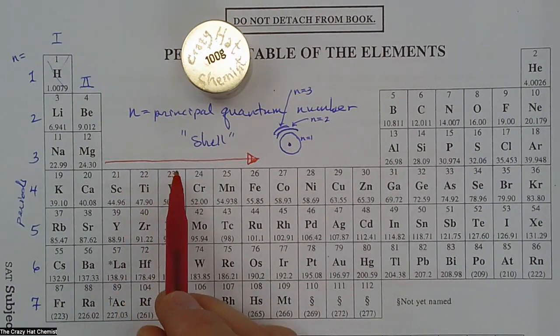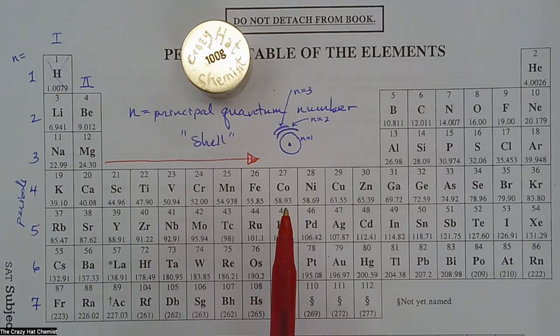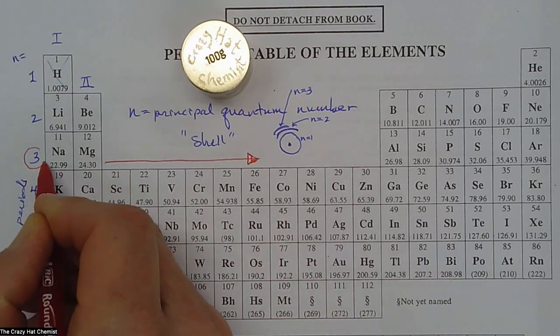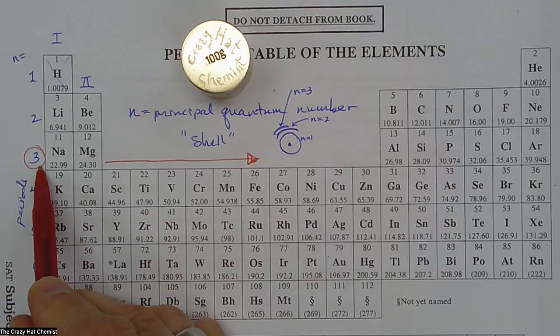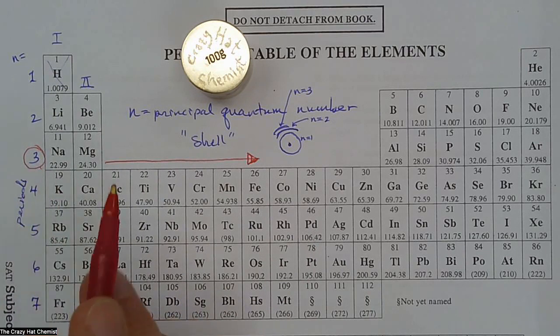So as we move to the right, there's a decrease in size. The reason for this is because the principal quantum number n remains constant. So we're in the same period, which is n of 3. So this value remains constant. The period itself does not change.